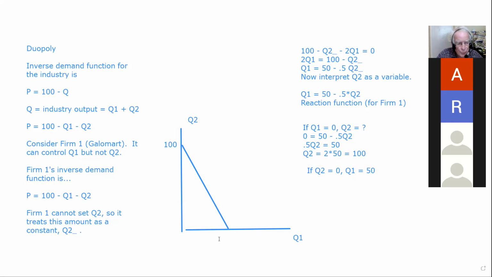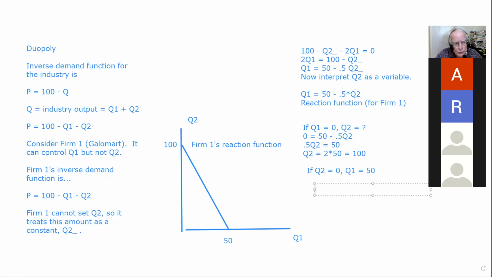So our horizontal intercept has the value of 50. Good.